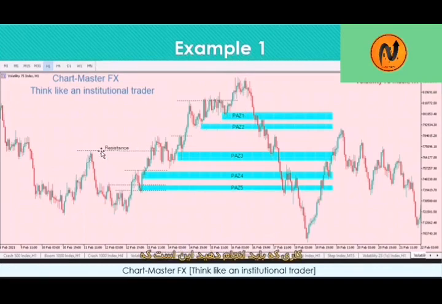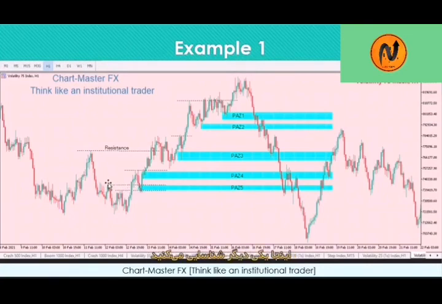resistance lines. So what you do, guys, is you come here, you see here we have a left shoulder here, and as you saw on our anatomy, once you identify this, you can draw your resistance line.